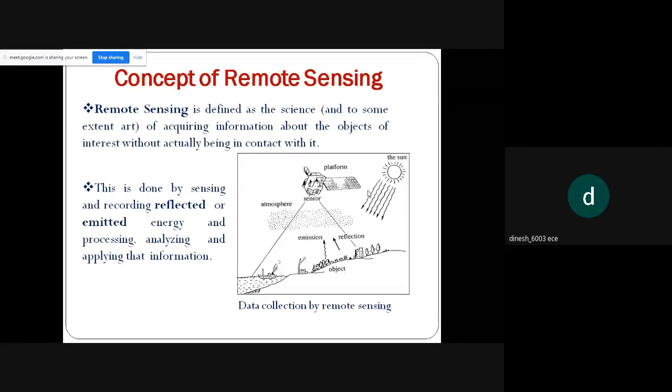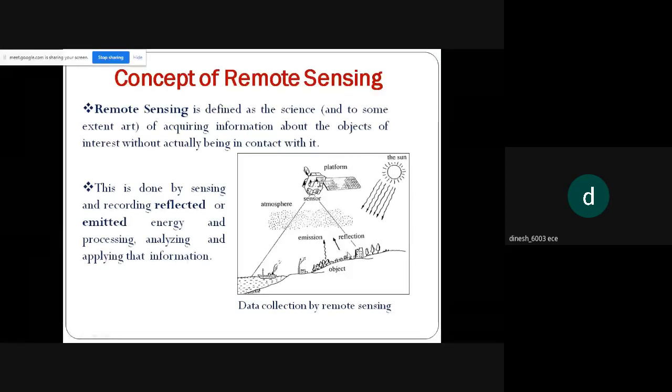Okay. So the sun's energy falls on the earth, gets partially reflected, partially absorbed, partially emitted. That reflected energy we generally use in remote sensing. So reflection, absorption, and emission take place partially.